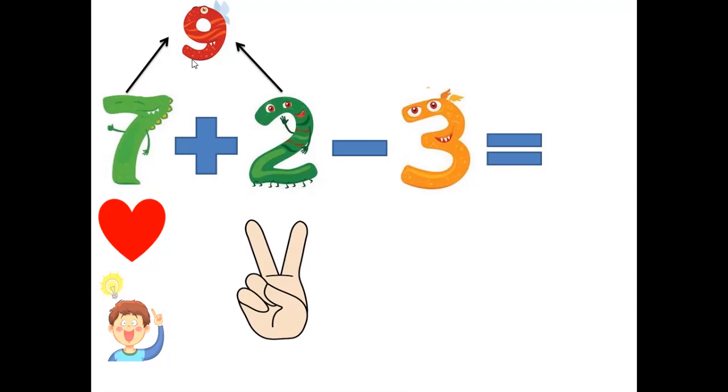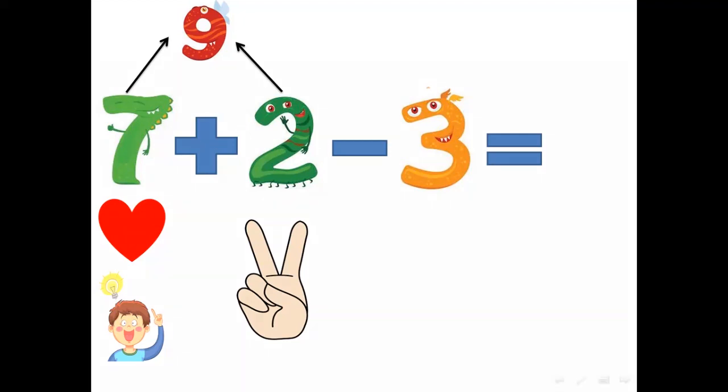And minus loves what? The smaller number. What is the smaller number? 9 or 3? 3. Good job. So, what shall I do? Close my finger and count after the smaller, which is 3, to reach the bigger, which is 9. Good job.